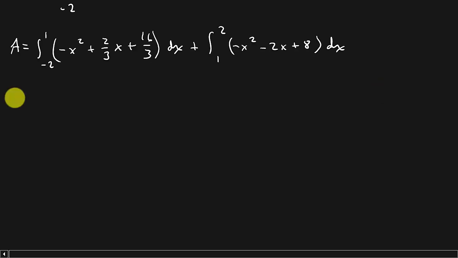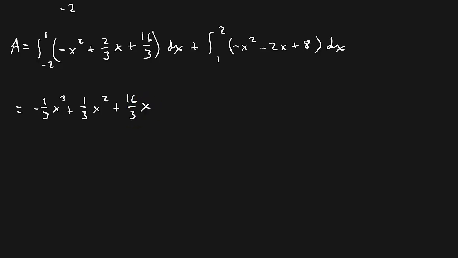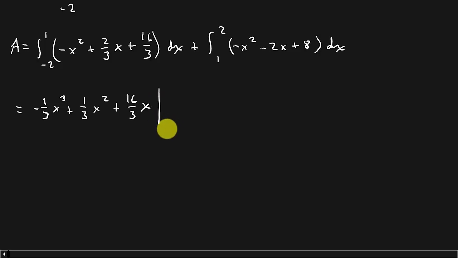So let's just integrate it. That's going to be negative 1/3 x cubed plus 1/3 x squared plus 16 over 3 x. All right, and we are evaluating that from -2 to 1. Okay, this should be basic integration for you by now. Remember here you add 1 to the exponent, so 2 plus 1 is 3, multiply by the reciprocal of your new exponent, 1/3.